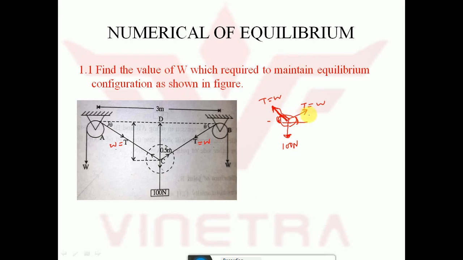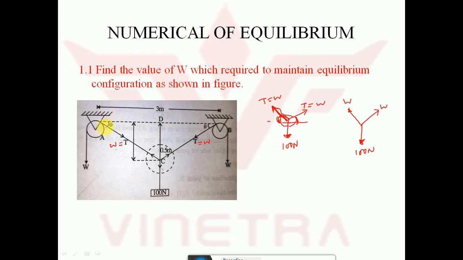Either of the two can be done. So I will redraw it directly showing W, and this is equal to 100 Newton. We need to find the value of W. Now how do we find the angle theta?